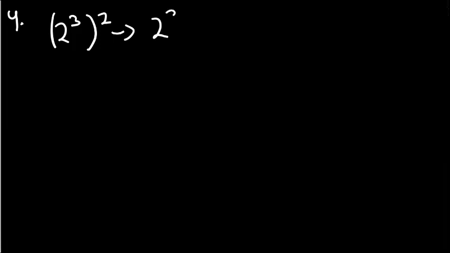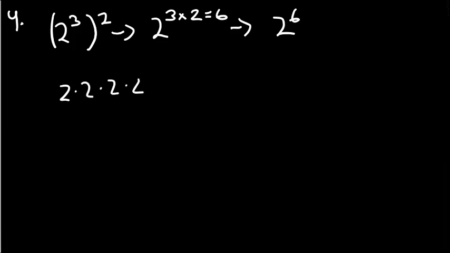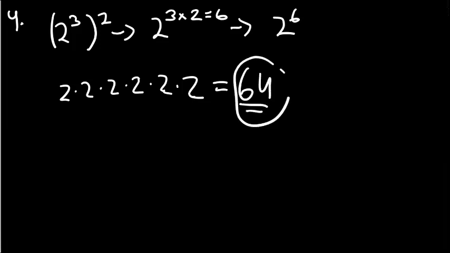So it would be 2 to the power of 3 times 2, which equals, so 3 times 2 equals 6. So then the answer would be 2 to the power of 6. And if we solve that out, which would be 2 times 2 times 2 times 2 times 2 times 2, it would eventually equal 64. And that would be our answer.